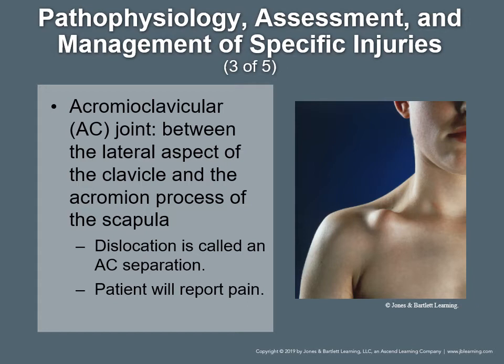This joint is frequently separated during football or hockey when a player falls and lands on the point of the shoulder, driving the scapula away from the outer end of the clavicle. This dislocation is often called an AC separation. The distal end of the clavicle will usually stick out. The patient will report pain, including point tenderness over the AC joint.